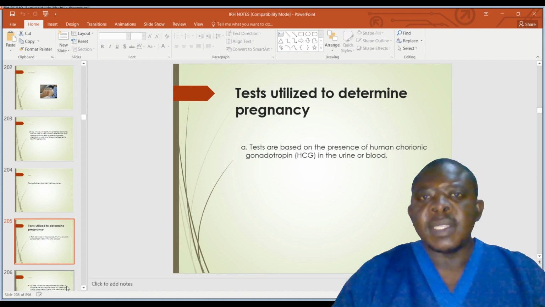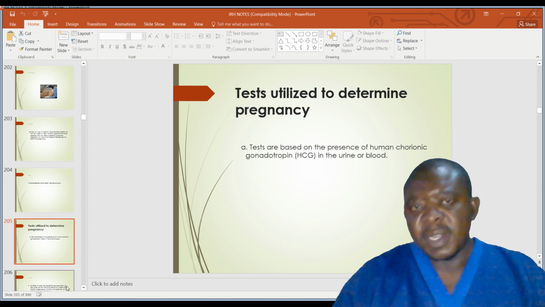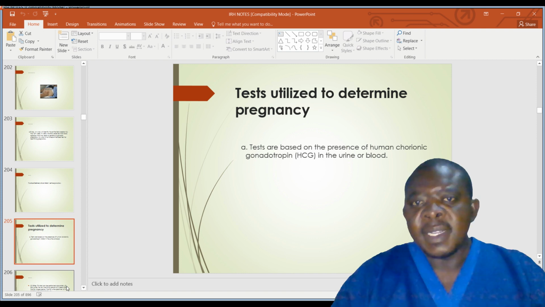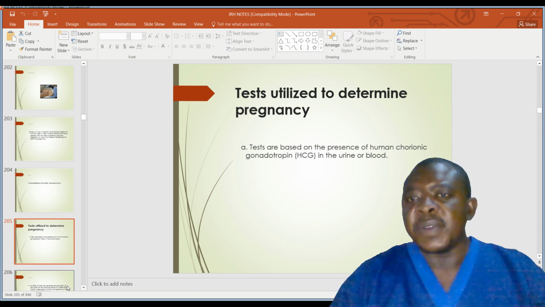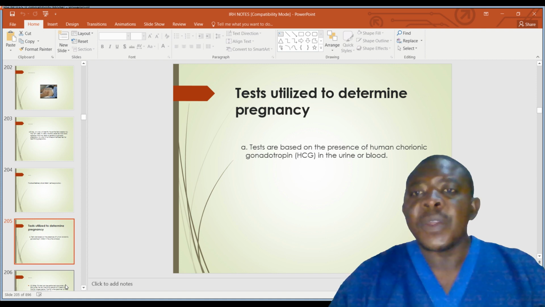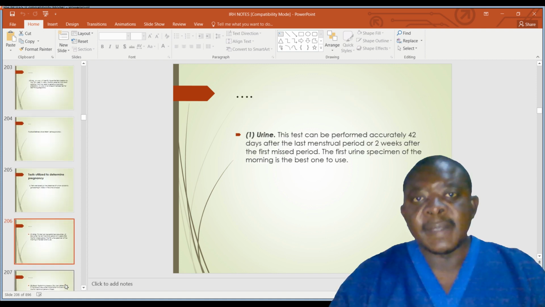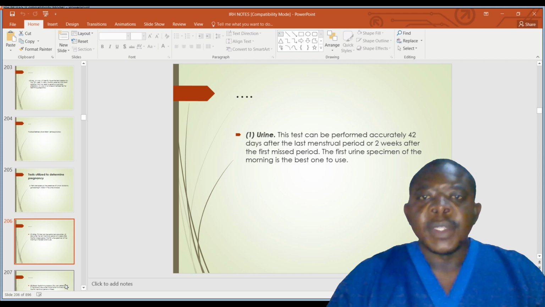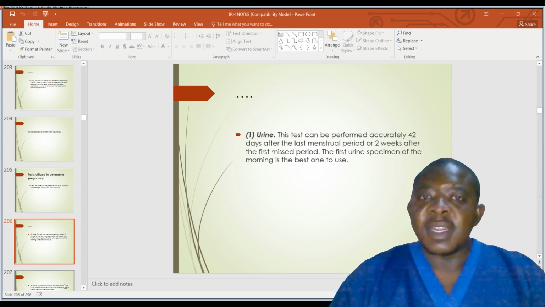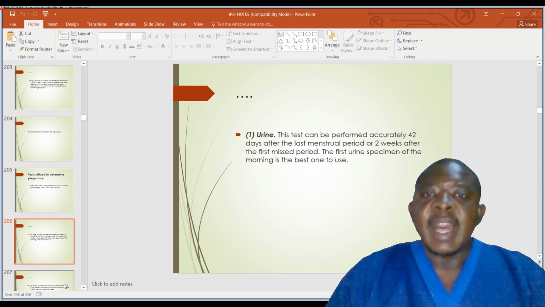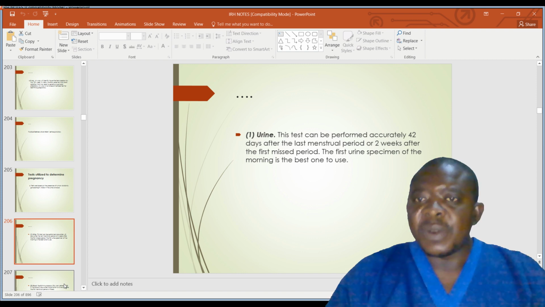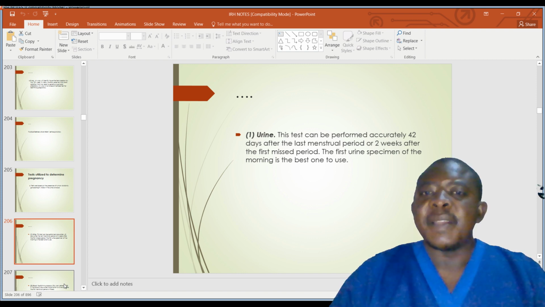Tests utilized to determine pregnancy. Tests are based on the presence of human chorionic gonadotropin in the urine or blood. Urine. This test can be performed accurately 42 days after the last menstrual period or 2 weeks after the first missed menstrual period.